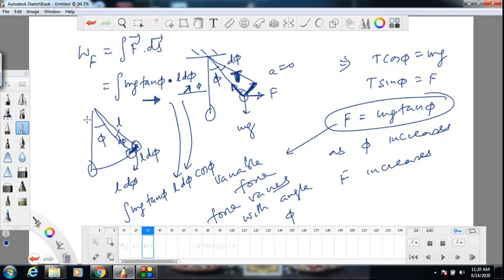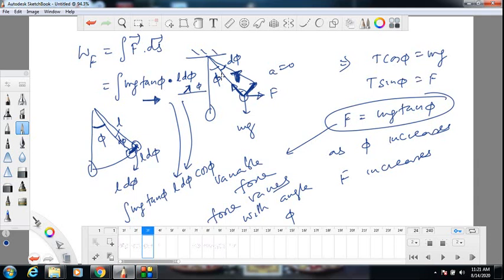At the intermediate position, the string makes phi angle with vertical. If you give a small displacement, it makes a further angle d phi. In calculus, you always take it like that. After an angle phi, you take an angle d phi, or after a distance x, you take a small change dx, or after a distance y, a small change dy. Similarly, after moving by phi, it further moved by d phi.